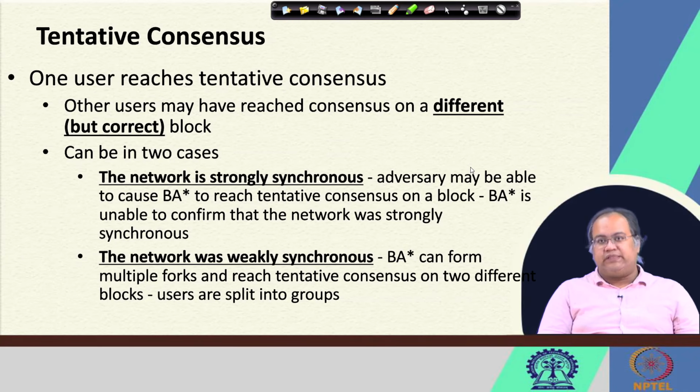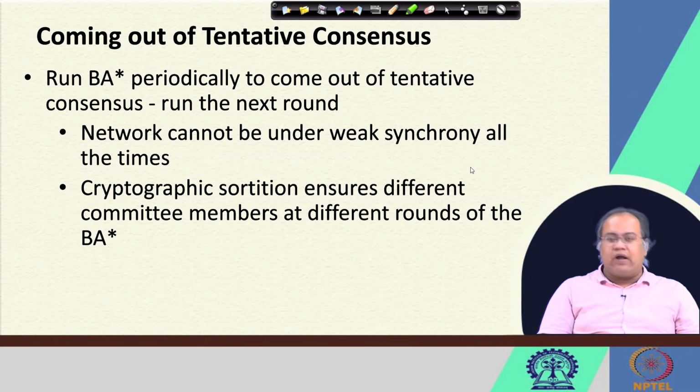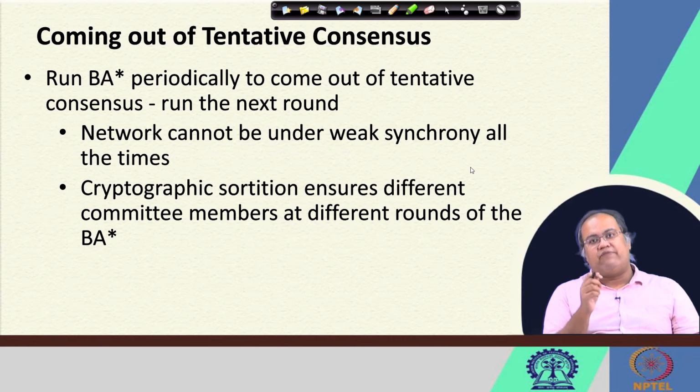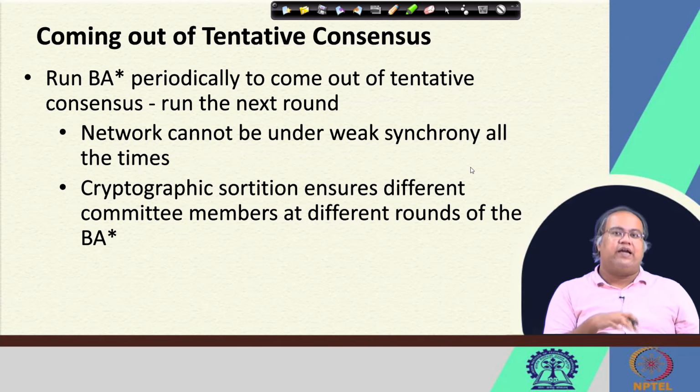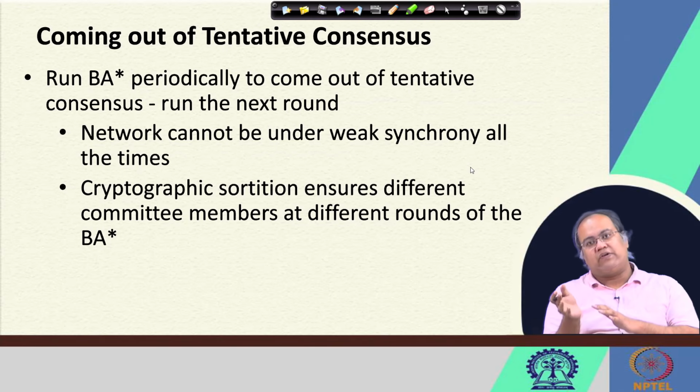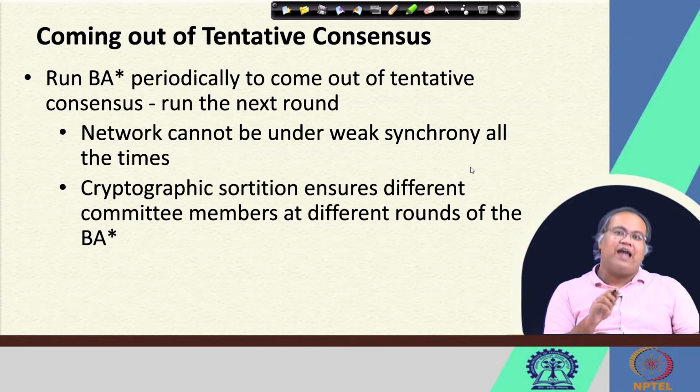So then you have this tentative consensus. Now, from this idea of tentative and final consensus, what we understand is that if you somehow reach a tentative consensus where the entire network has not agreed on a single block, rather a part of the network agrees on one block and another part agrees on a different block, then I have to somehow come out of that tentative consensus.